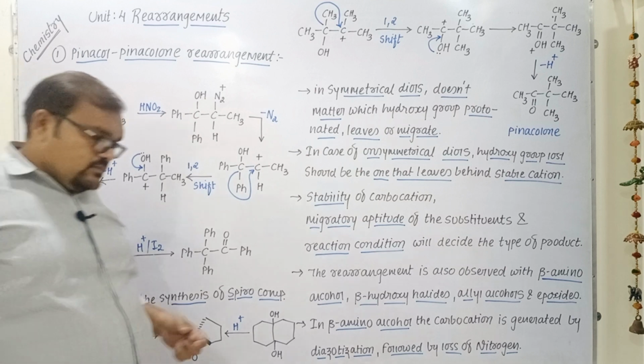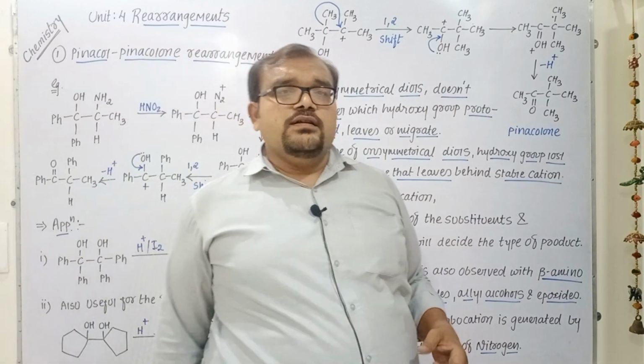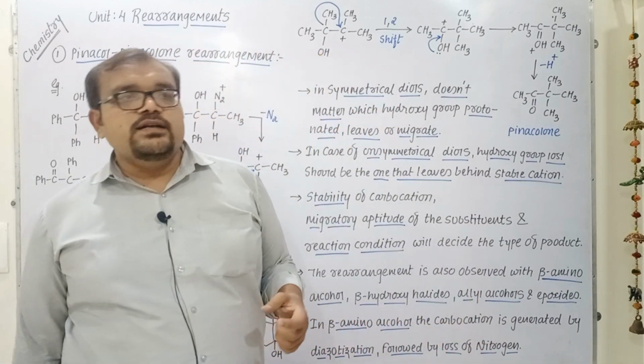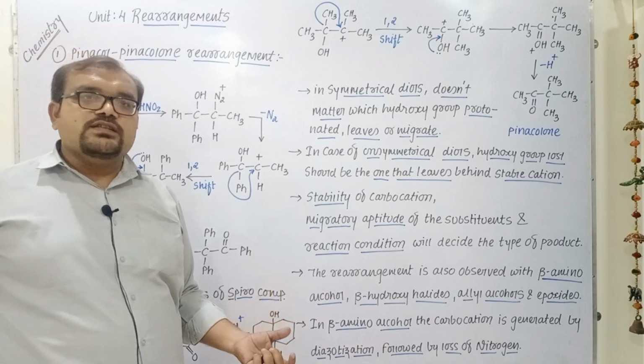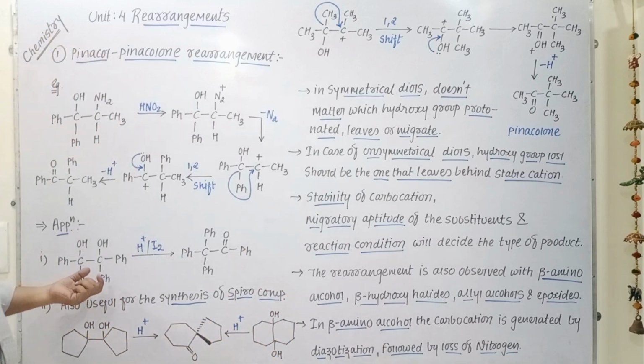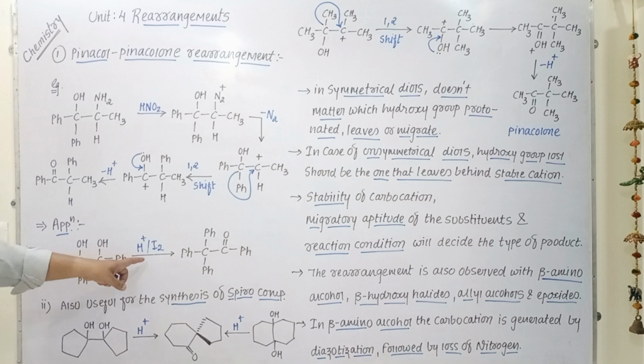And at the end of this rearrangement, we can see the important application of this rearrangement. It can be defined as: in case of a 1,2-diol, when we carry out the reaction of this 1,2-diol in acidic media, in presence of iodine, it will be converted into a ketone.